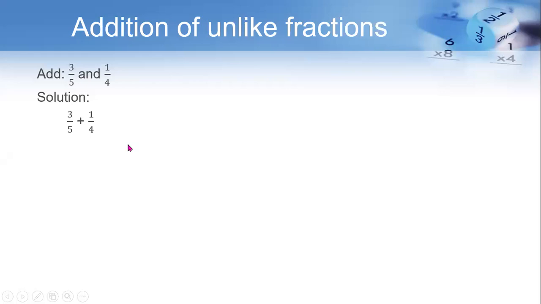So how do we find that LCM? Is there any confusion regarding LCM? No? So to find the LCM, what you have to do is simply write the table. To find the LCM of 5 and 4, write the table of 5: 5 ones are 5, 5 twos are 10, 5 threes are 15, 5 fours are 20, 25, in that way. Or write the table of 4 as well: 4 ones are 4, 4 twos are 8, 4 threes are 12, 4 fours are 16, 4 fives are 20.